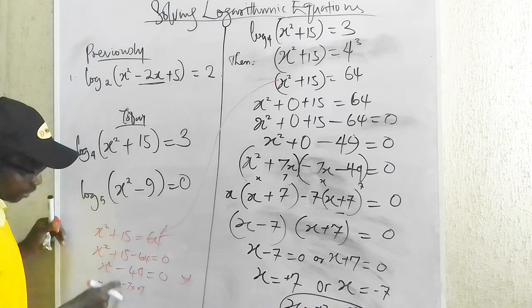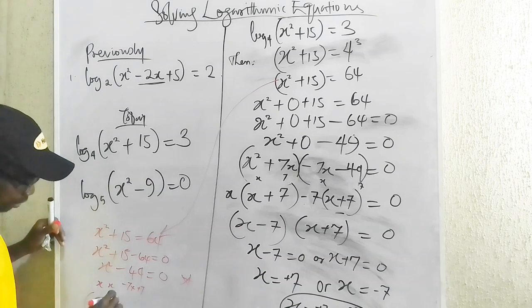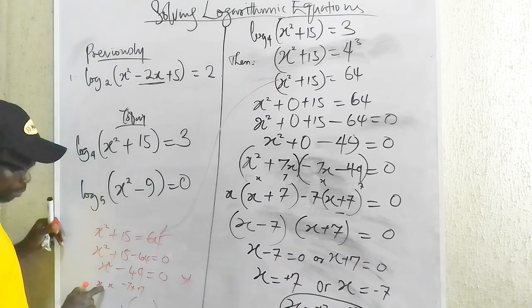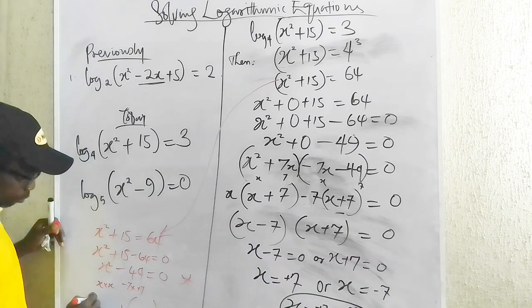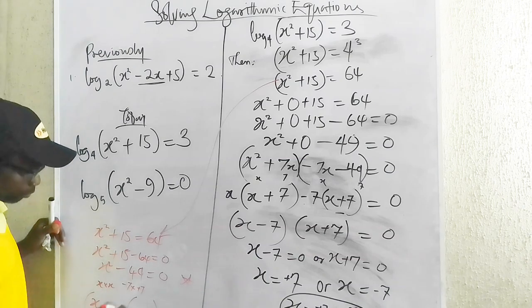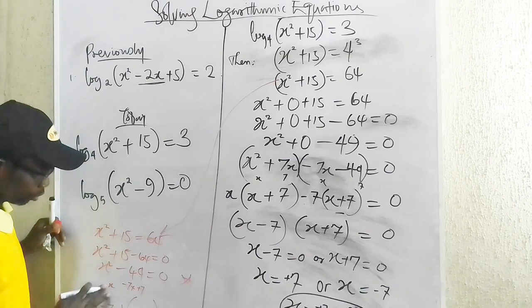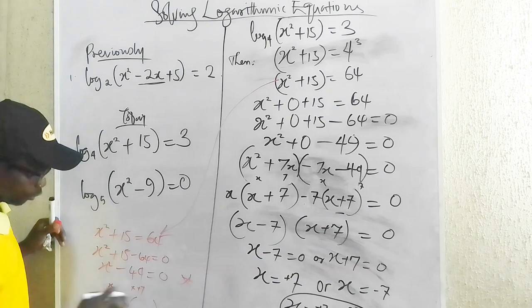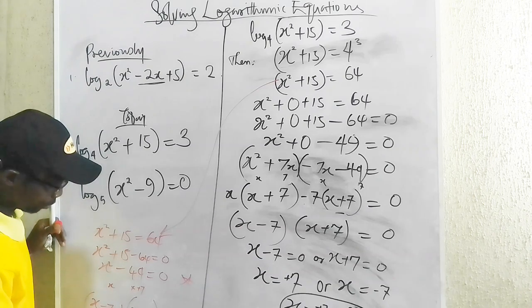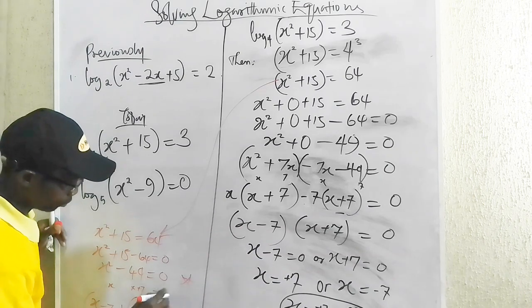So pick one 7 and pick one x, put into one bracket. So I pick this x and this 7, so it becomes x minus 7. And in this bracket, x plus 7, equal to 0.